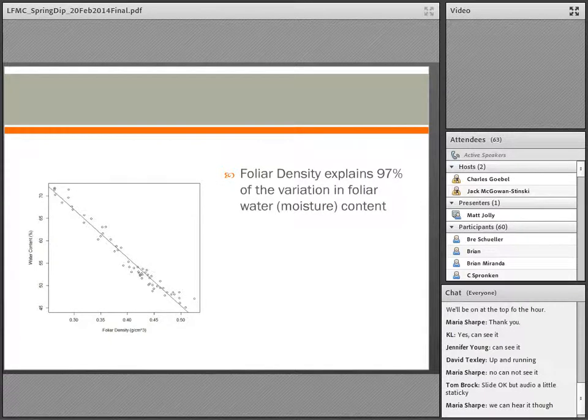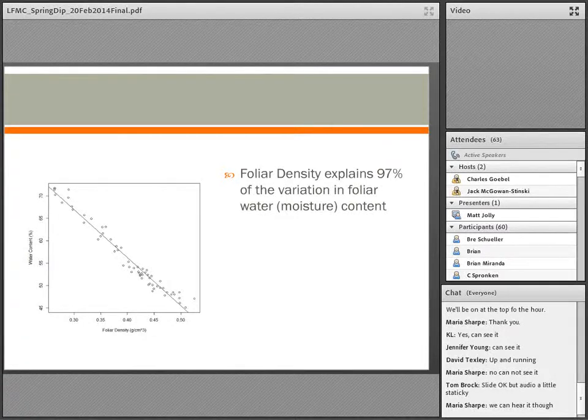This plot actually, the only thing that it does is convert live foliar moisture content from a dry weight basis to a wet weight basis, which is what's plotted on the y-axis, and compare it to the foliar density that was measured on that fuel for that needle type at that time across the entire season.